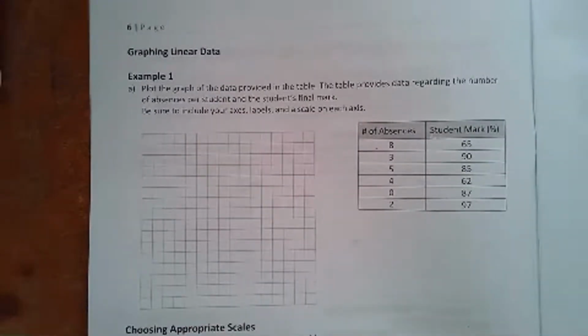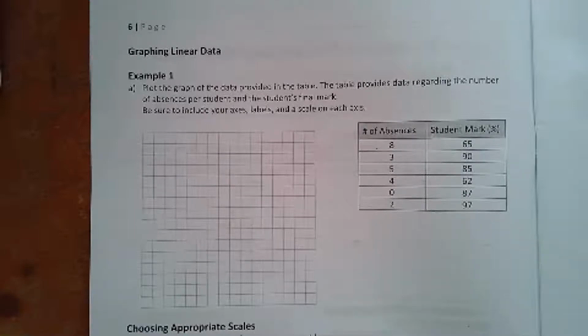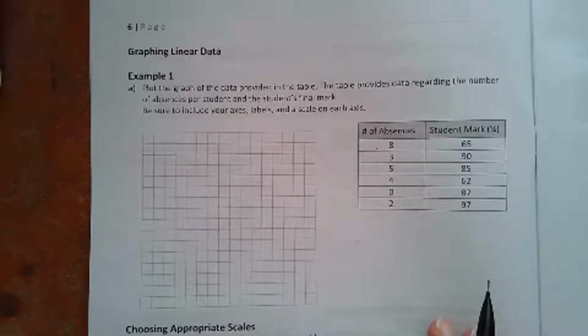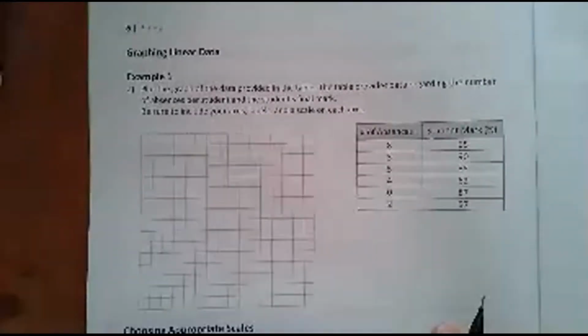Okay, plot the graph of the data provided in the table. The table provides data regarding the number of absences per student and the student's final mark. Be sure to include your axes, labels, and a scale. Okay, so I strongly suggest you do this using pencil, because very often you have to slightly adjust things.